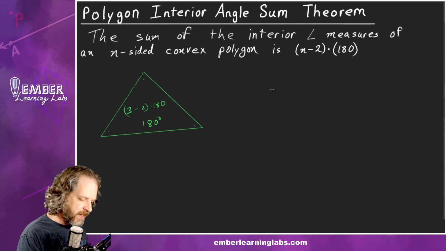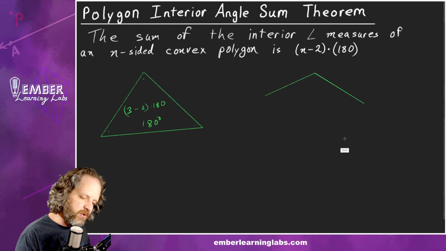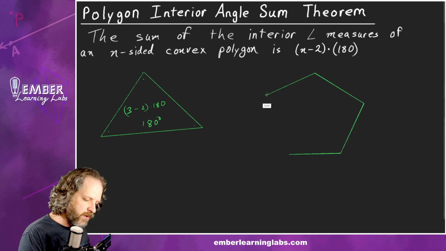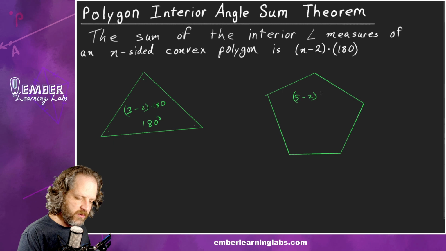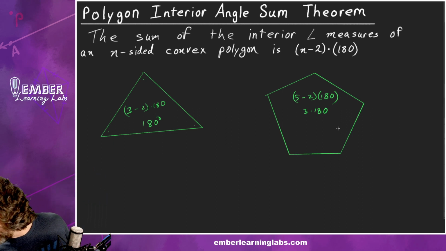What if we had a pentagon? So something like this. 1, 2, 3, 4, 5. Now, this has 5 sides. Minus 2 times 180. So 3 times 180 is, I've got that right over here.